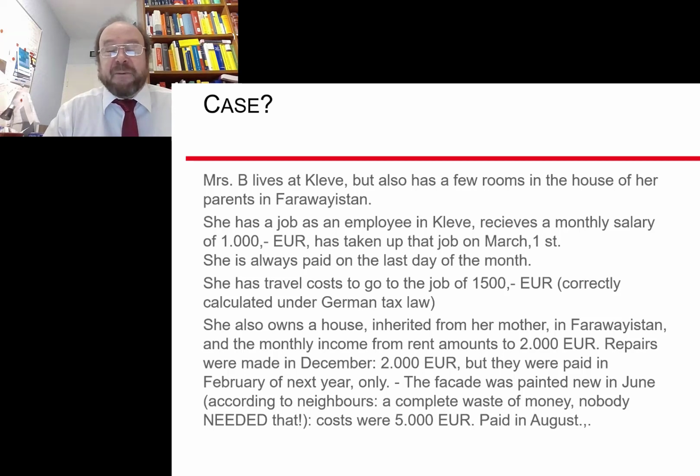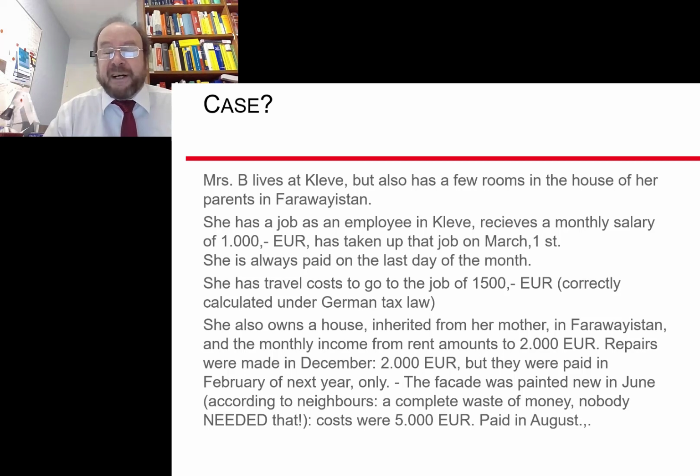Receives a monthly salary of 1,000 euro, has taken up that job on March the 1st, and she always gets her remuneration on the last day of the month. She has travel costs to go to the job of 1,500 euro, and now in many jurisdictions, also in Germany, there are some specific rules how to calculate the deductible amount of travel costs to the job. So I add this amount of 1,500 has already been calculated correctly under German law, because it would be rather specific to start with calculating such a specific thing.